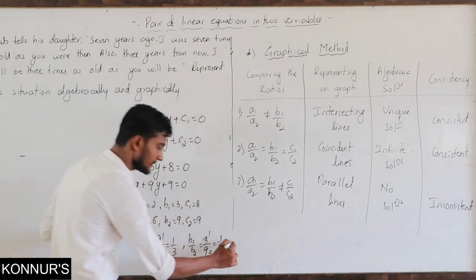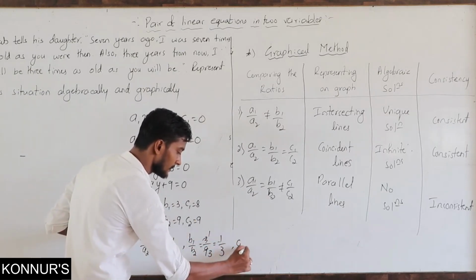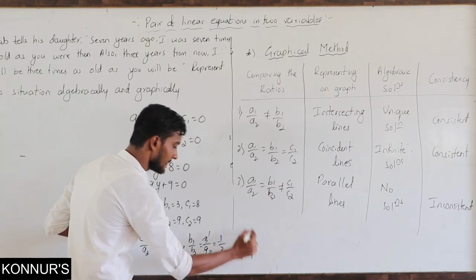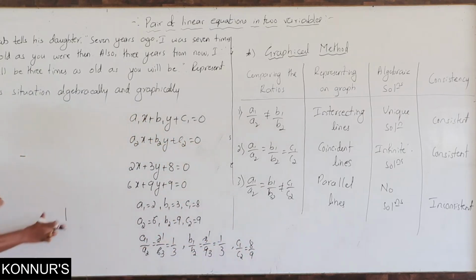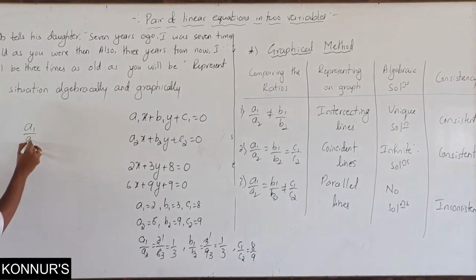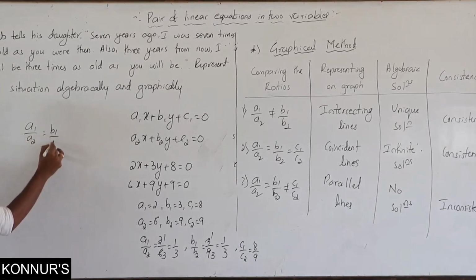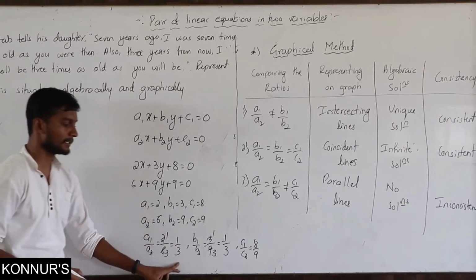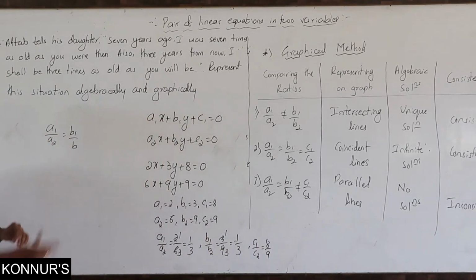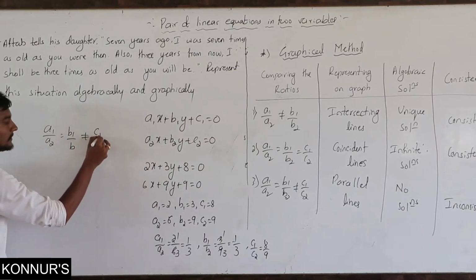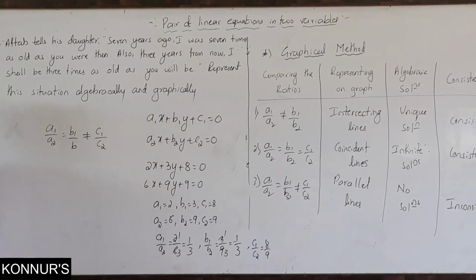And if you consider c1 by c2, here it is 8 divided by 9. It is not possible to cancel. So if you observe these ratios, a1 by a2 is equal to b1 by b2. Both they are equal: 1 divided by 3, 1 divided by 3. But c1 by c2 is not equal to these two. So c1 by c2 is not equal.